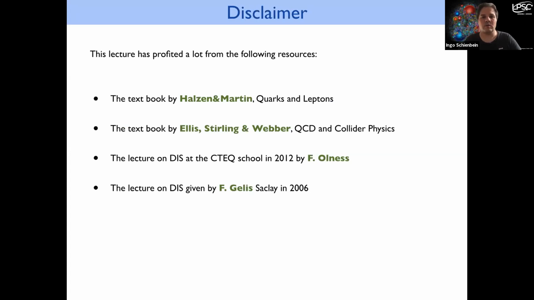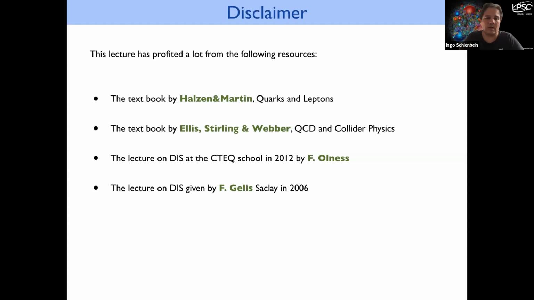some literature. This lecture has profited largely from the textbook by Halzen and Martin, Quarks and Leptons. Another useful textbook is, of course, the pink one by Ellis, Stirling, and Webber. I also profited from previous DIS lectures at CTEQ schools by Fred Olness, and a lecture on DIS given by François Gélis in 2006.